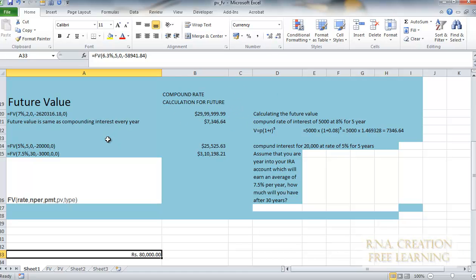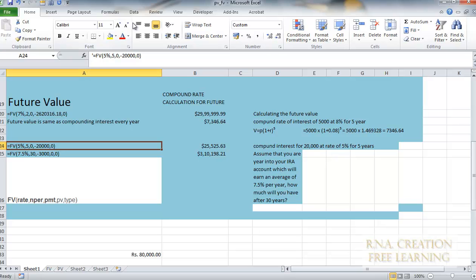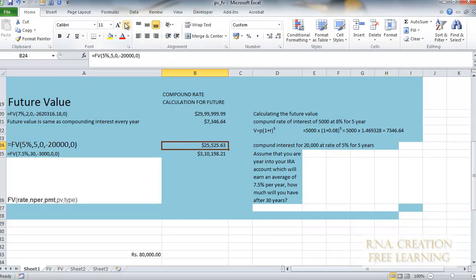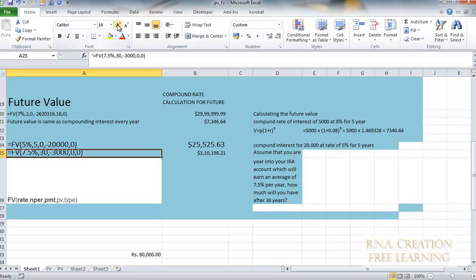So this is exactly the reverse process, and you can see the future value of $20,000 at the rate of 5% for 5 years would be 25,525.63, and the same thing, as you can see, we will use in a different manner.